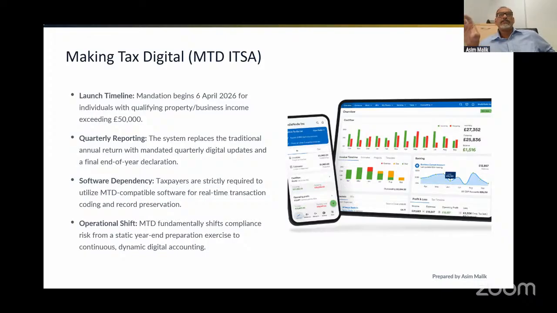That trail is something HMRC is looking for, because in the past, when they started a compliance investigation, clients would start telling them that they don't have the records or the receipts. Even in MTD, you're not required to have receipts digitally, but at least the transaction is coded digitally, so HMRC can see what you have claimed and what you have disclosed as income. So that's the main fundamentals of MTD.